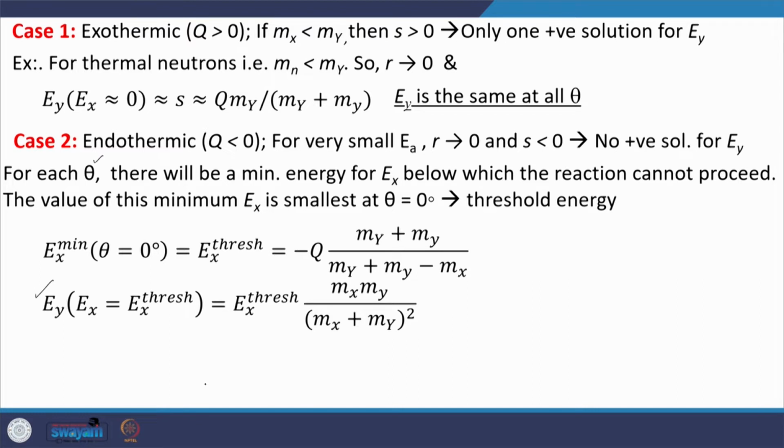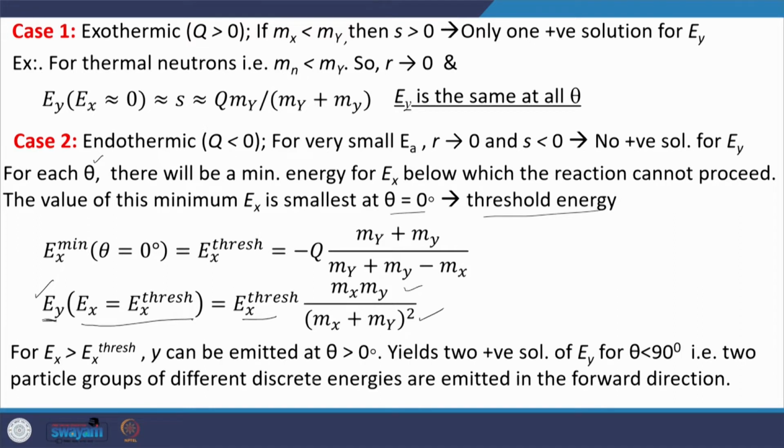The value of this minimum energy of the projectile is smallest when theta is equal to 0 degrees, which we termed as threshold energy. And at this threshold energy, what is the value of the energy of the ejectile? Nothing but the threshold energy multiplied by the ratio of these two quantities. So at threshold energy, the value of Ey at theta equal to 0 is given here.